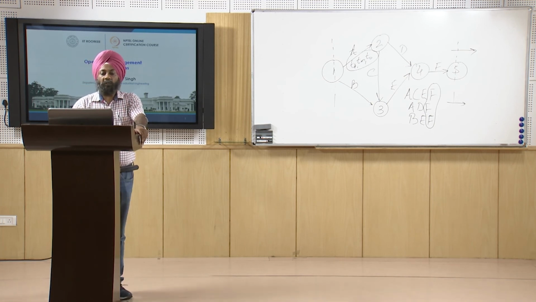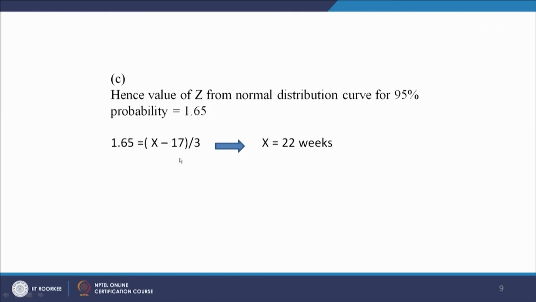And the last problem is we have to calculate the expected duration of the project so that there is a 95% probability of completion of the project. For 95%, from the normal distribution curve, the Z value must be 1.65.